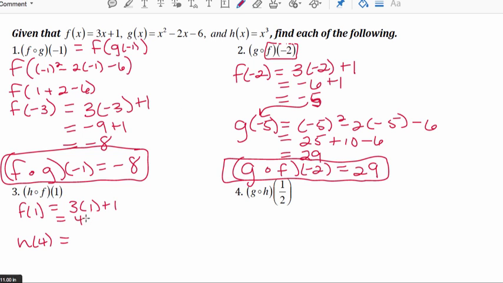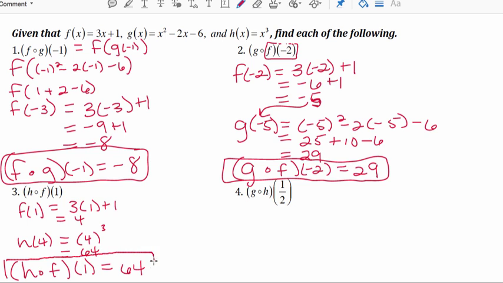Okay, so we have h of 4, which is going to be 4 cubed. And then 4 times 4 times 4 is 64. So my final answer, h of f of 1 is equal to 64.